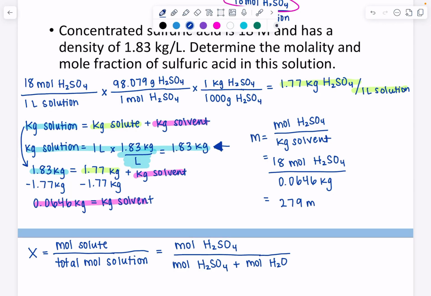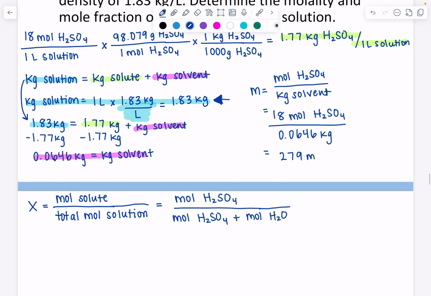Okay, so we need to find moles of H2O. We already have moles of H2SO4 from the previous slide. Moles of H2O, well, we have the mass of H2O. We can just do a molar mass conversion. We have 0.0646 kilograms of water.